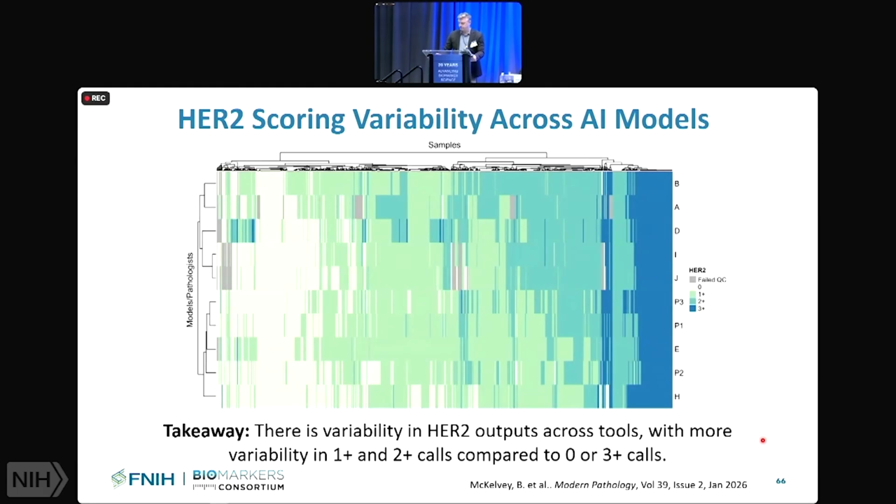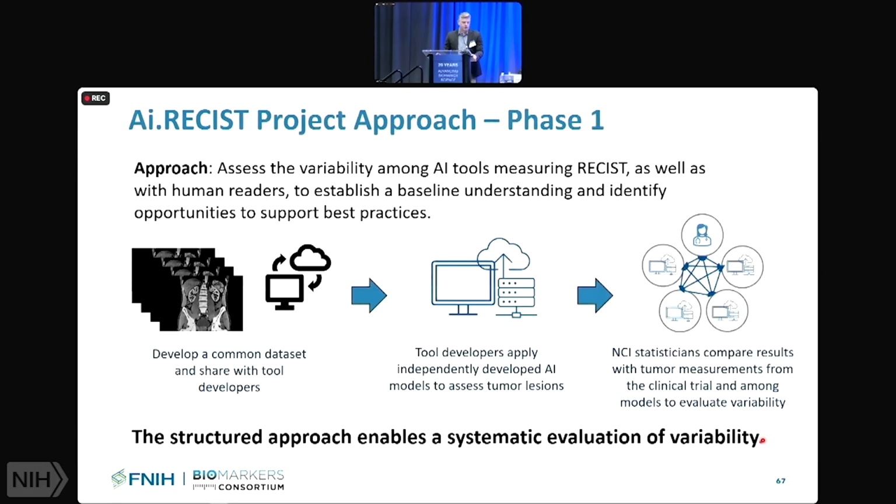In a similar pilot that we are currently constructing now, trying to follow the same framework of cross-comparison of different tools, this is a project that builds on some of the things that Mike was describing around the potential role of automating tumor assessment in order to minimize bias and increase efficiencies in clinical trials.